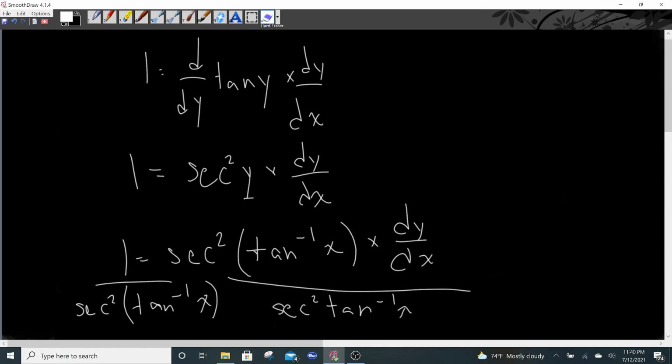If u is some function of x, and we are given the inverse tangent of u, then it's just going to be the normal derivative, 1 over u squared plus 1, times the derivative of u, so u prime. So yeah, those were the inverse trig functions.